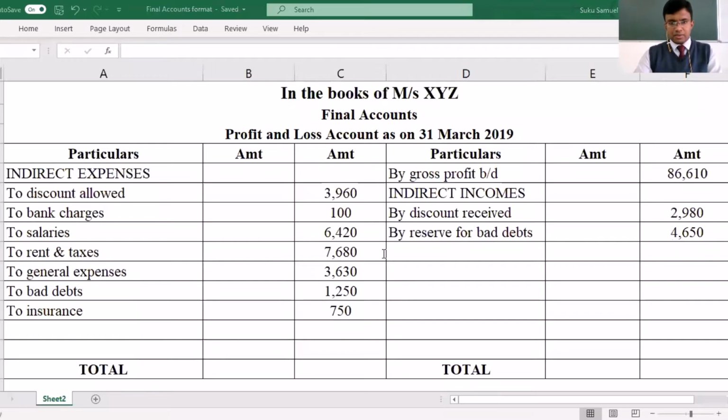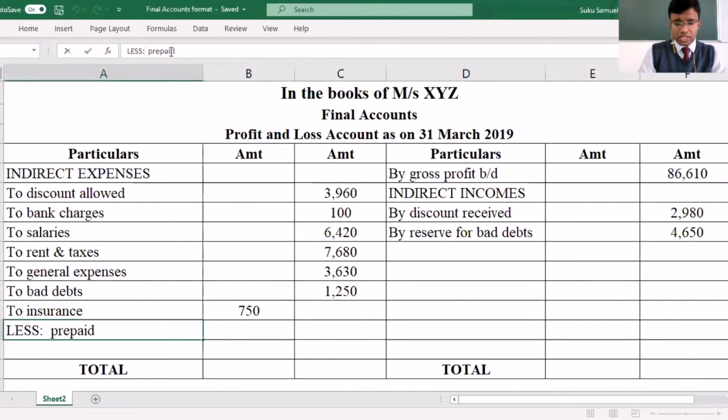Okay, so I think we are pretty much done. Now we have to consider the adjustments. So what are the adjustments that we have to consider? We have insurance prepaid. Now insurance prepaid, either you could consider that on the debit side or on the credit side as an indirect income, or since we already have the item insurance over here, what I'm going to do is subtract this from the main insurance amount.